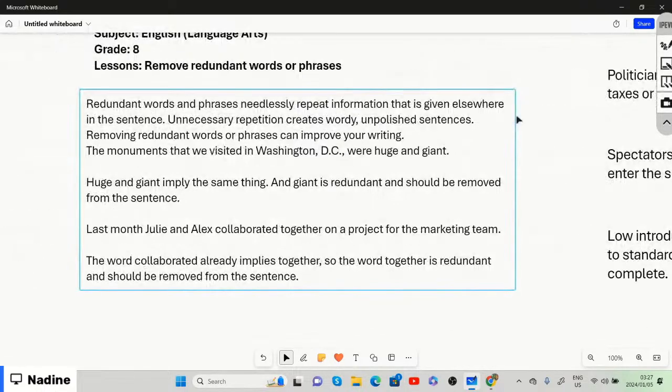So basically, redundant words and phrases repeat information that is given elsewhere within a sentence. That is why I said it's as if synonyms are being used within that sentence.